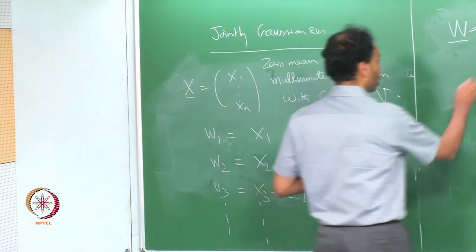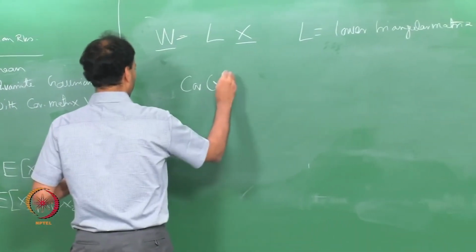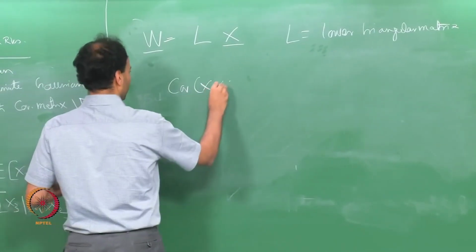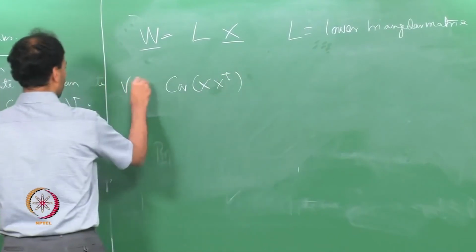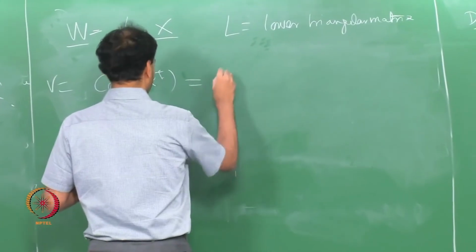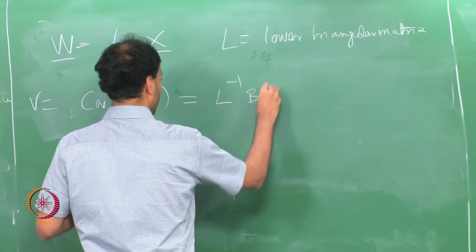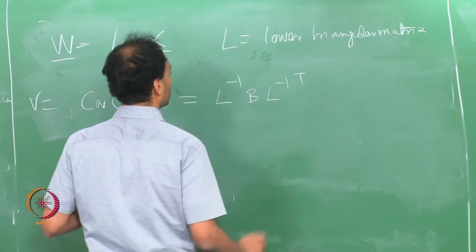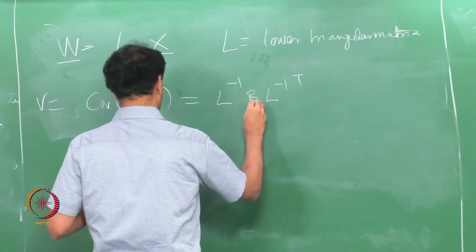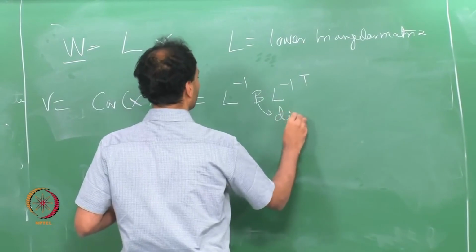and you can in fact show that the covariance matrix, the covariance of x, xx transpose or whatever, so this was V, can be written as L inverse, the whitening filter, times B times L inverse transpose, where B is a diagonal matrix.